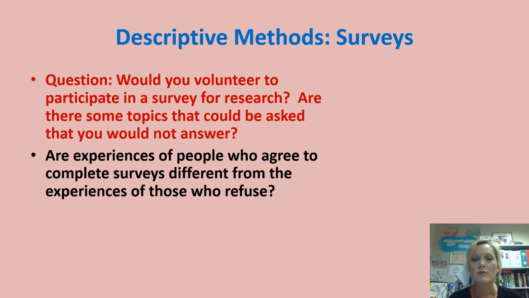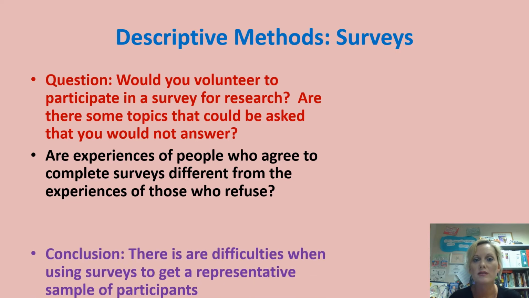In terms of surveys, we have to think too, would you volunteer to participate in a survey for research? Are there certain topics that you would not be comfortable answering questions about? There are disadvantages sometimes, like people don't want to participate, especially if somebody knows who they are and they want to stay anonymous, or they may lie about some of the questions because they're not comfortable with the answers they would give.